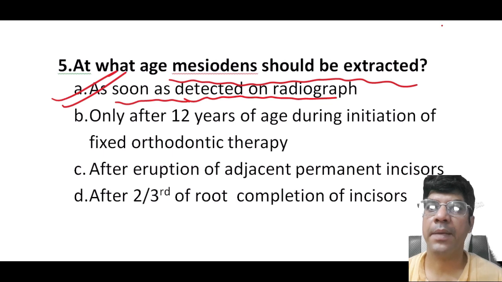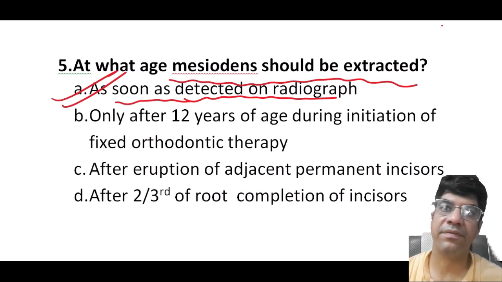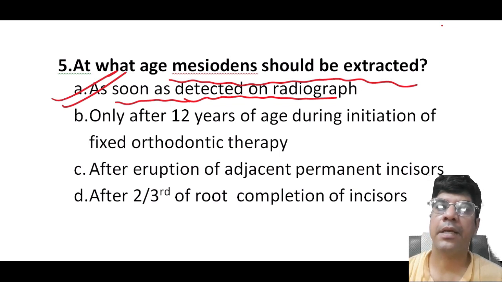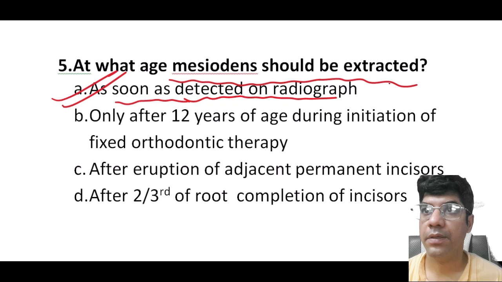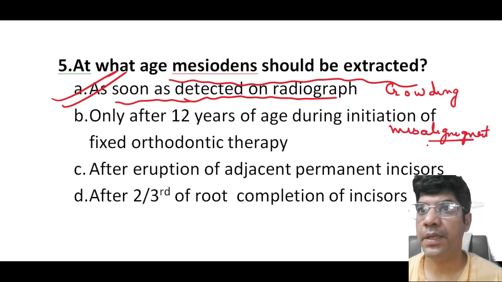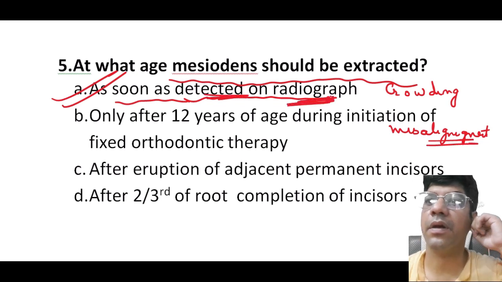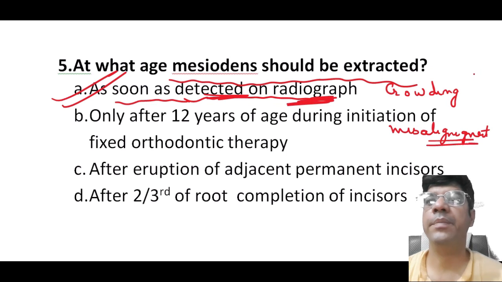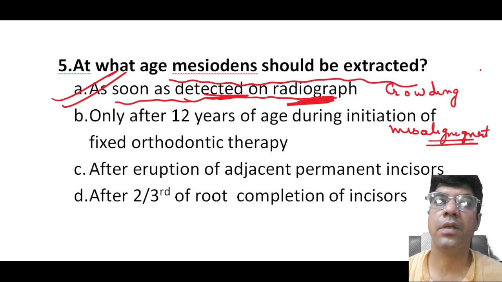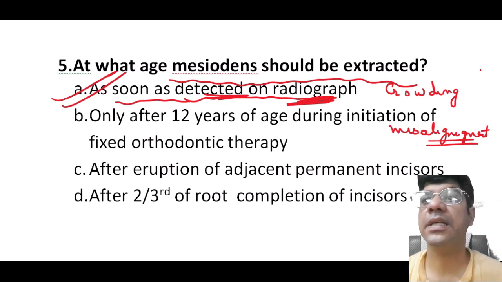So early removal can prevent impaction or misalignment of these teeth. If mesiodens is not removed promptly, it can cause crowding and misalignment. Leaving a mesiodens in place can sometimes cause resorption of the roots of the adjacent teeth.